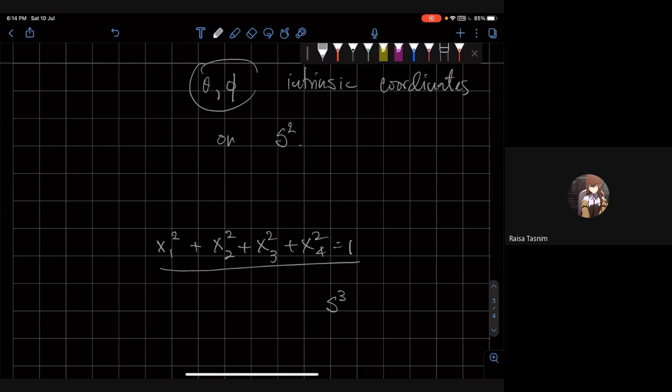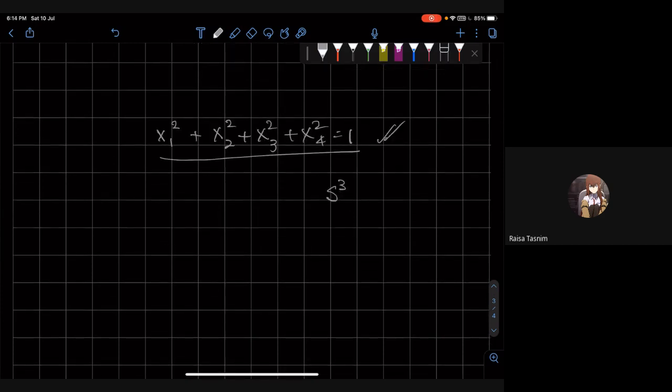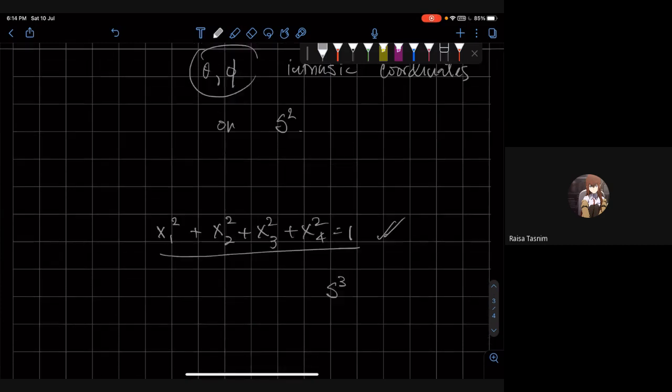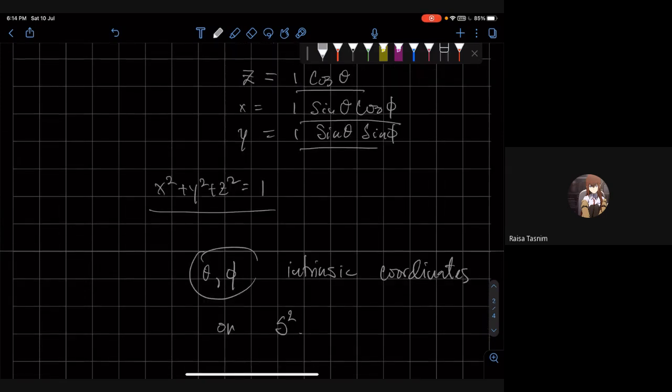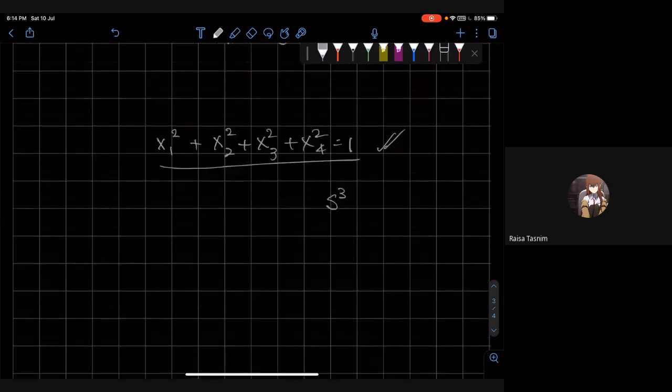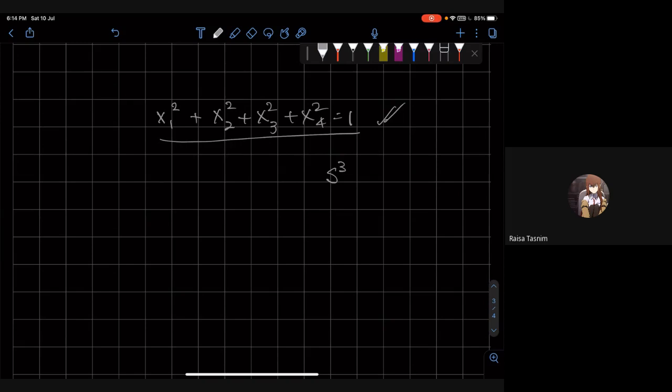Of course, we cannot visualize such a thing, but mathematically, it is possible to describe it. Here, this is basically one description. Another description would be to come up with an analogous angle for this. So you can have theta and then phi and psi.